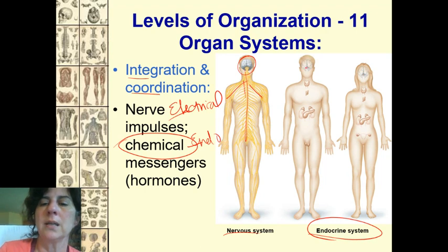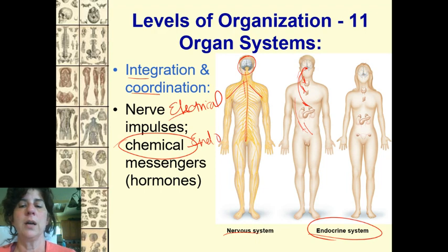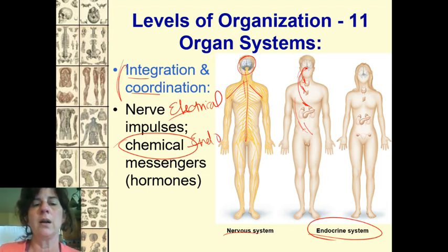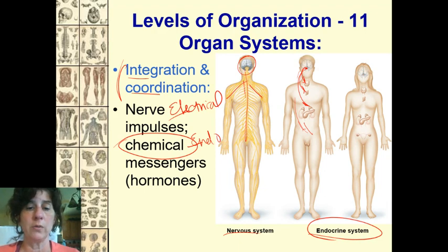You have things like the pituitary up here that sends out information that controls the actions of all of your other glands and tells them what to do. As far as growth hormone, or hematopoietin that produces blood cells, or insulin or glucagon, all of those chemical messengers, hormones you have in your body, tell your body what to do. So we have two systems for the coordination of other body parts: nervous and endocrine.